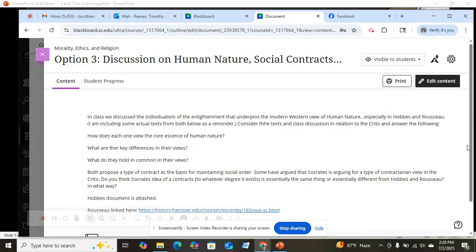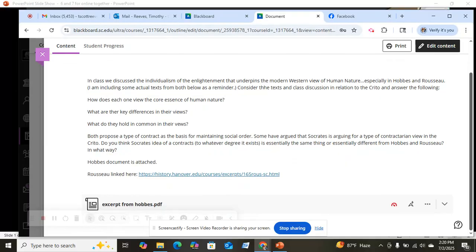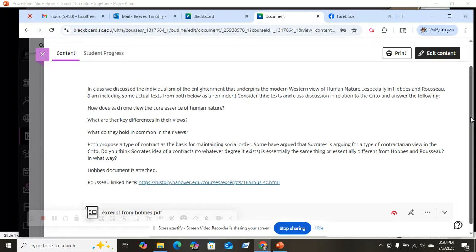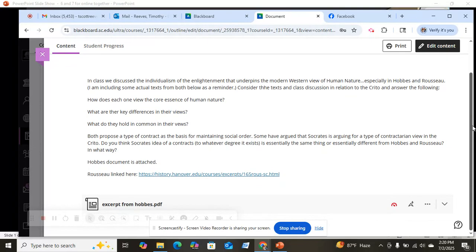There are some texts linked here that you can look at. I mentioned some text elsewhere in the material, and I gave some quotes in one of the lectures. So you need to look at the differences between those two views and what those two hold in common around that individualism aspect.